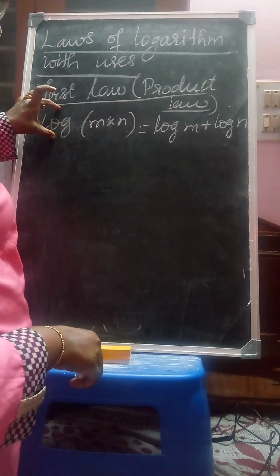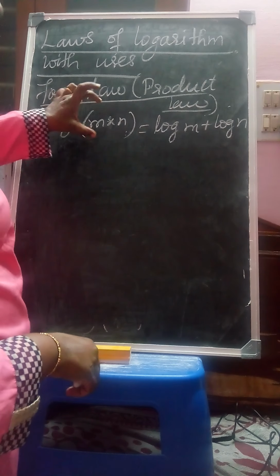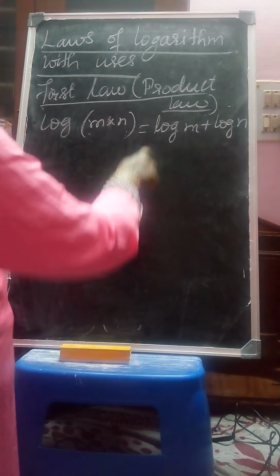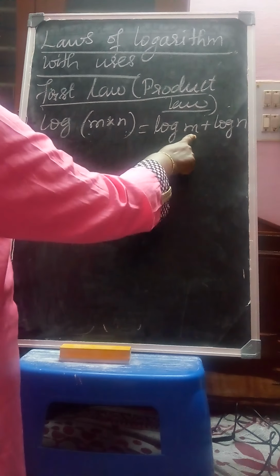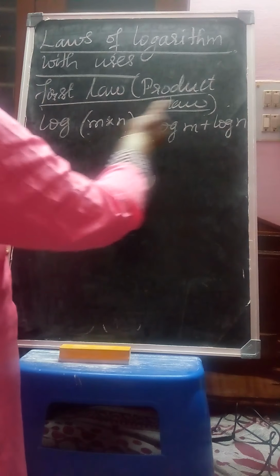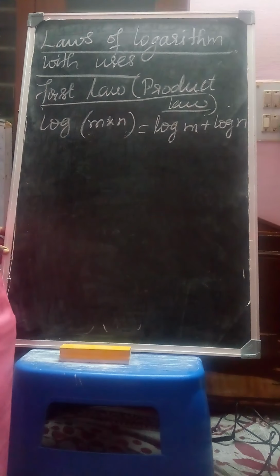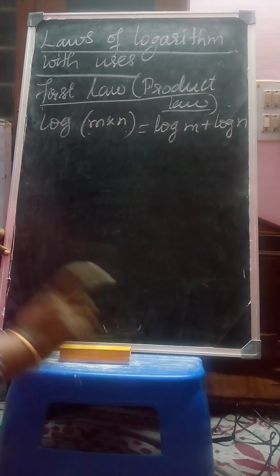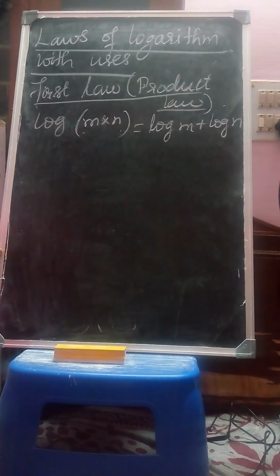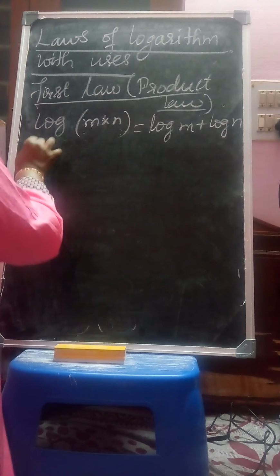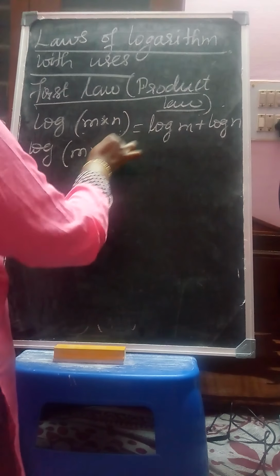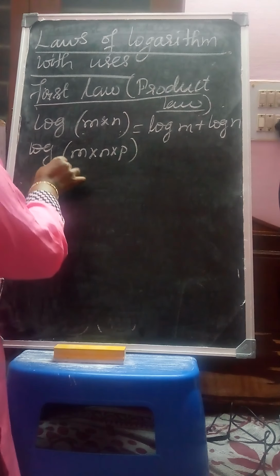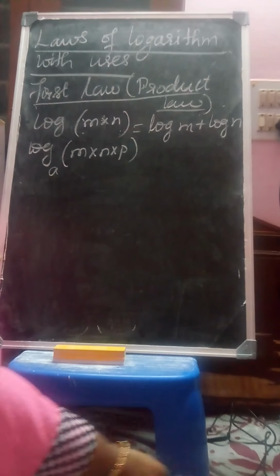The logarithm of any product will be equal to the logarithm of the first factor plus the logarithm of the second factor. Now if you take three numbers, log of m into n into p, with any base, I can take the base as a also.